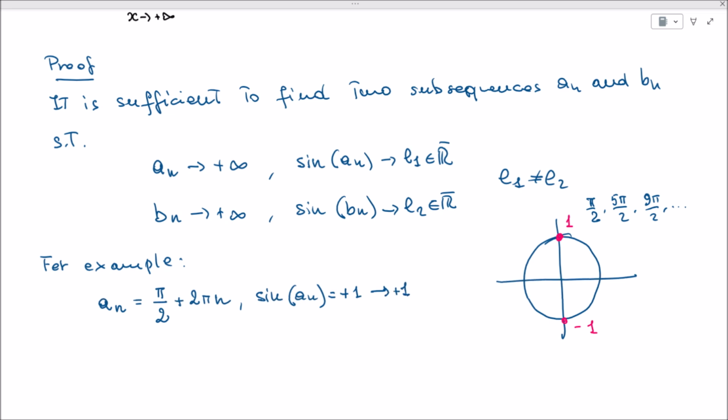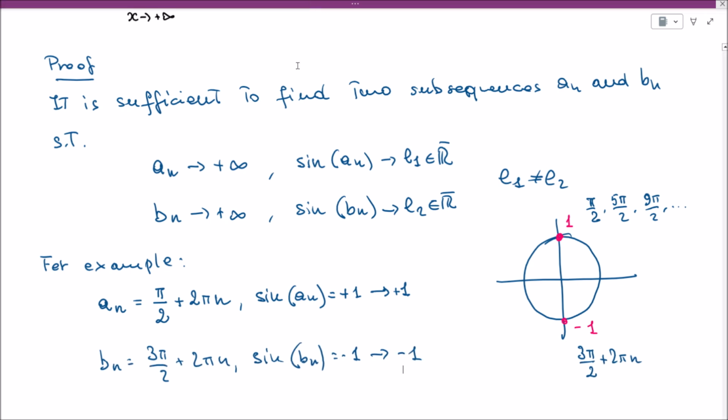And instead, if we pick 3 pi over 2 plus 2 pi n, so if we have bn equal to 3 pi over 2 plus 2 pi n, clearly we have that the sine of bn is always equal to minus 1, so this will tend to minus 1. So this is sufficient to prove, by using the previous theorem, that sine of x has no limit as x goes to plus infinity.